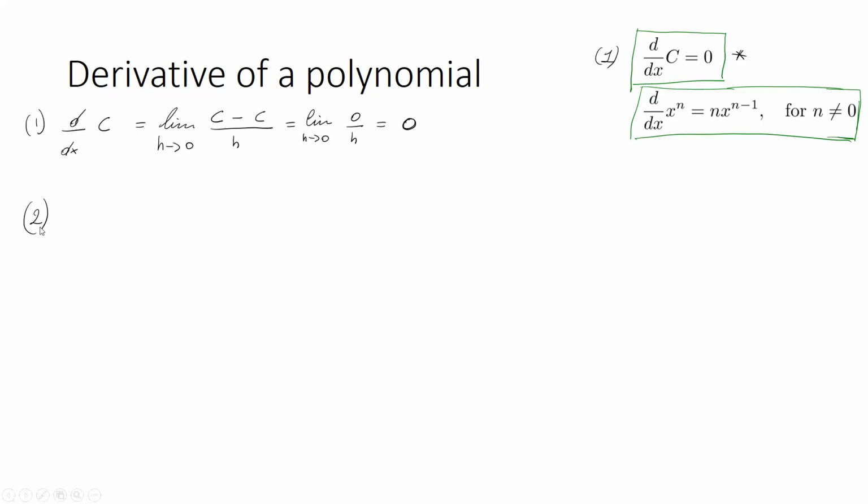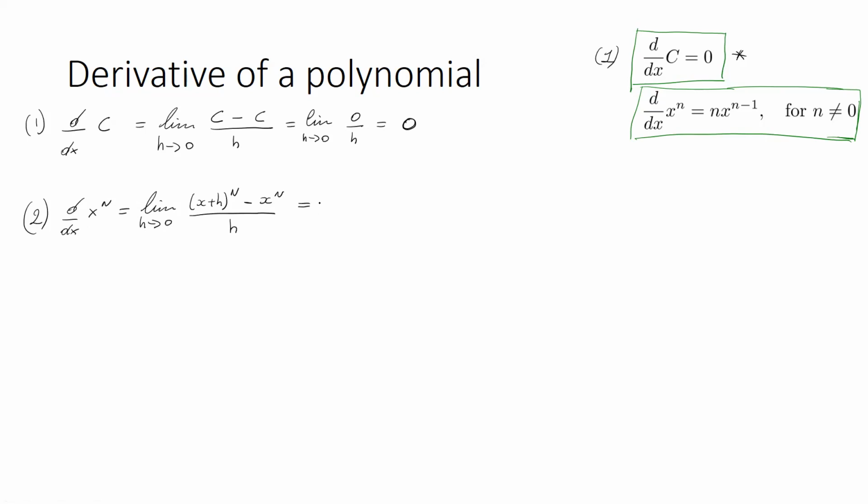And now for the second rule, we have to do a bit more work. So let's write this out in long and in full. I'm going to have to take the limit as h goes to 0 of the function at x plus h, so x plus h to the power n, minus x to the power n, and then divide all of that by h.